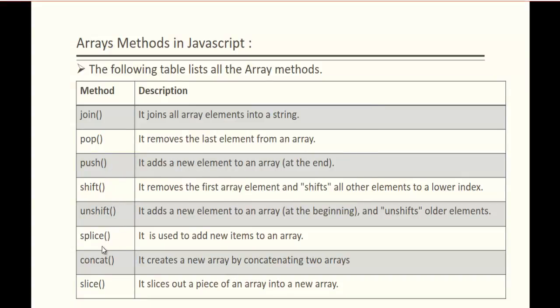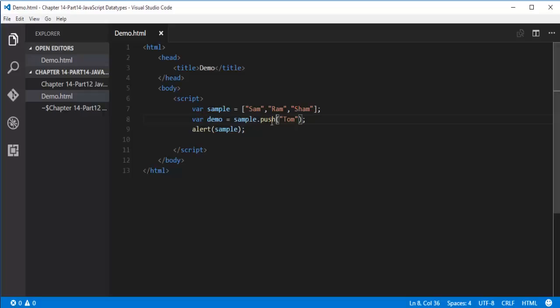Now let me go with the splice method. It is used to add new items to an array. This is quite different. Let me show you. If you want to add new items to an array, then you can make use of the splice method.